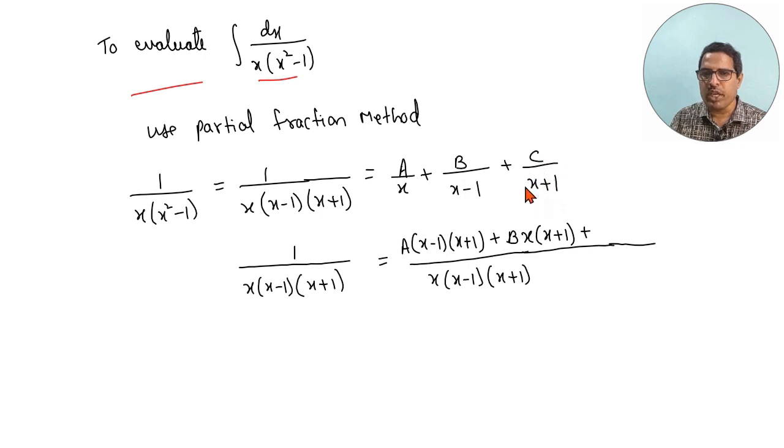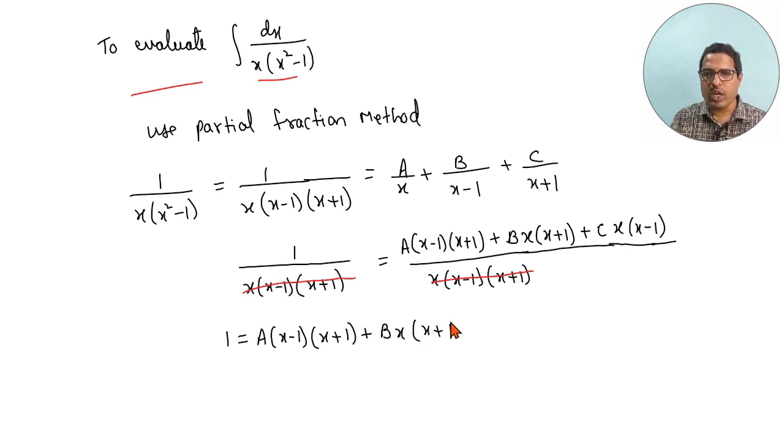Eliminate this x plus 1 and write down the remaining terms, that is c times x into (x minus 1). Now you can cancel out the denominator values. You are left with 1 is equal to a times (x minus 1) into (x plus 1) plus bx into (x plus 1) plus cx into (x minus 1).